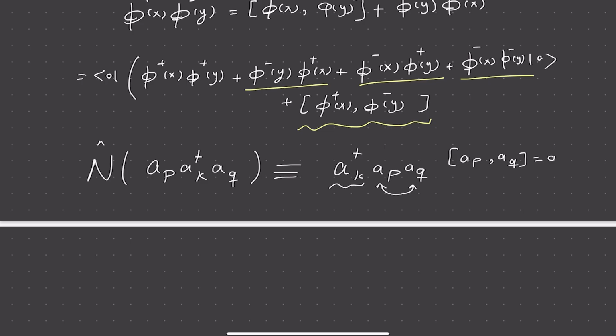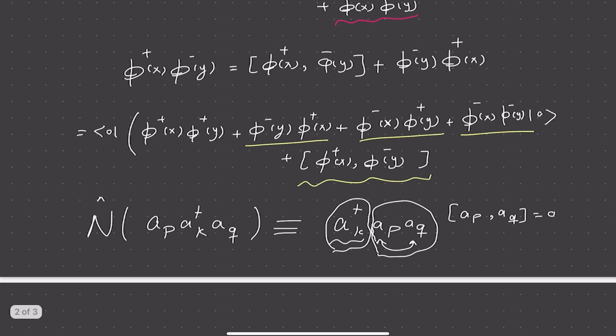The whole point is that it's going to put the creation on the left side and the annihilation on the right side. It's called normal ordering. So this is what we do above: we basically normal ordered these fields.